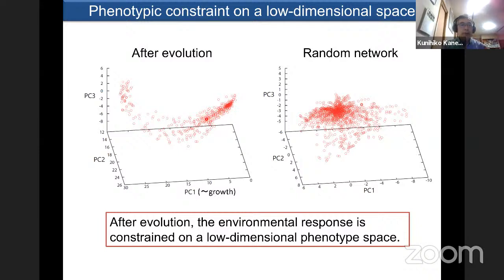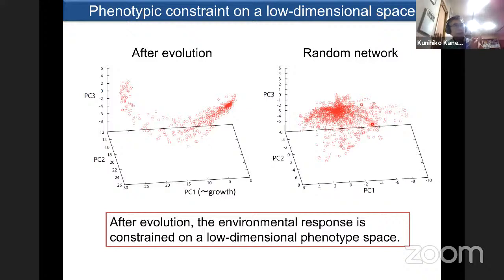we take this original cell, and put some stress, and put some stress, and put some stress. So now each point is a result of different environmental conditions. And after evolution, it follows roughly a one-dimensional curve. But in the initial random network, it's just scattered.